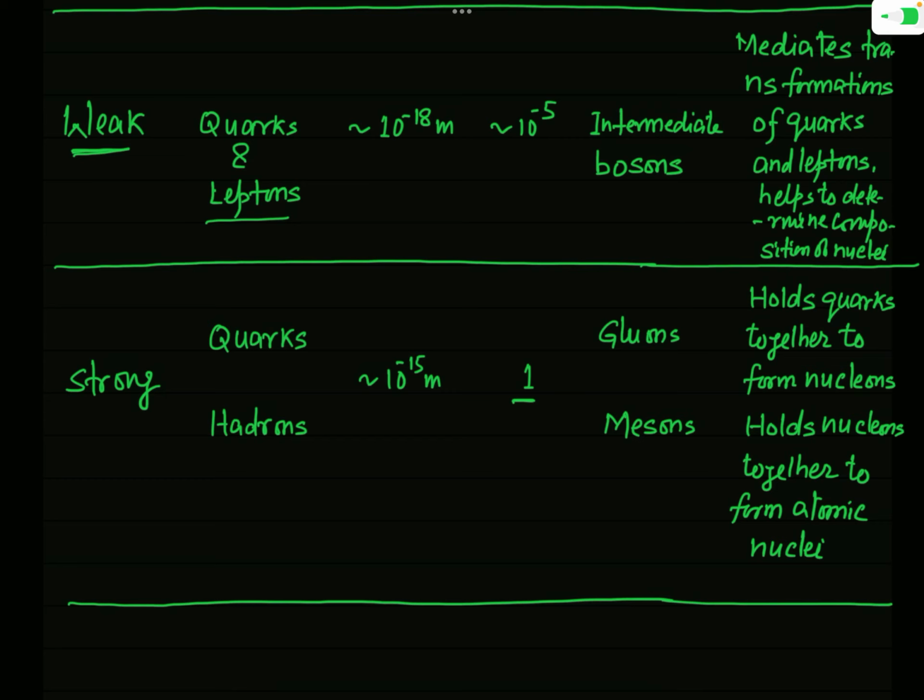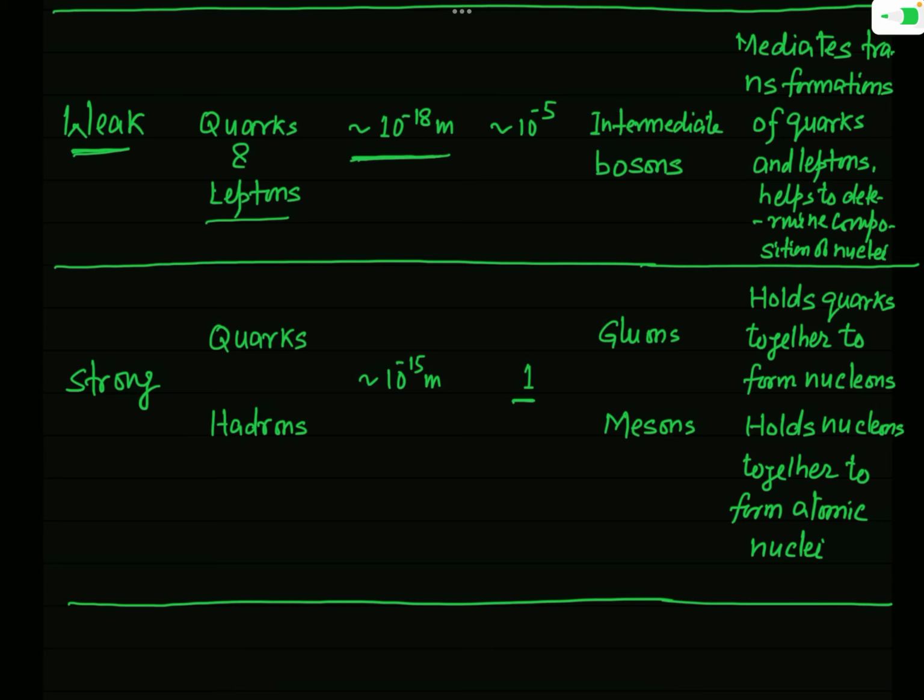I have told you earlier that this weak interaction is effective only when the interacting particles are at a separation of the order of 10 to the power minus 18 meter. So it is a very short range force. Weak interaction is a very short range force because it will be effective only when the separation between the two particles is of the order of 10 to the power minus 18 meter.